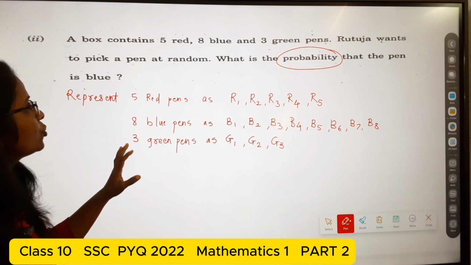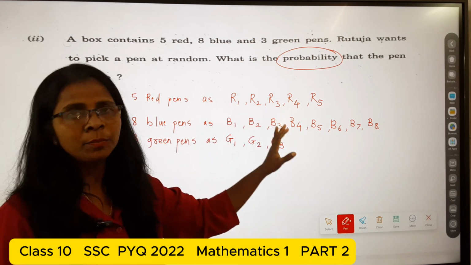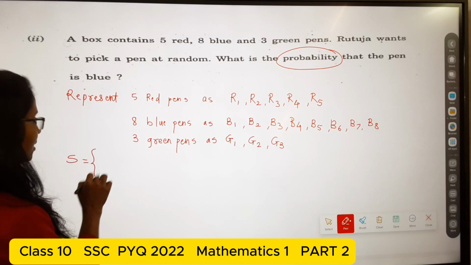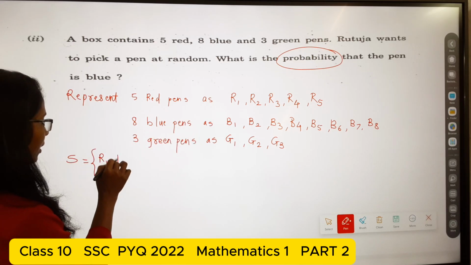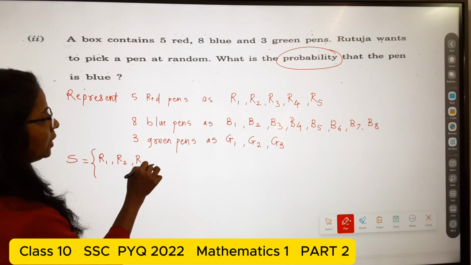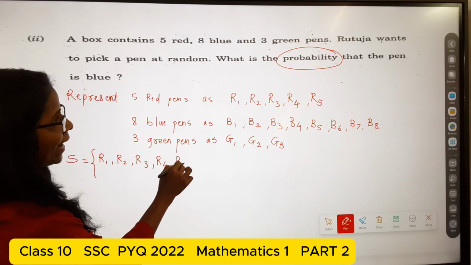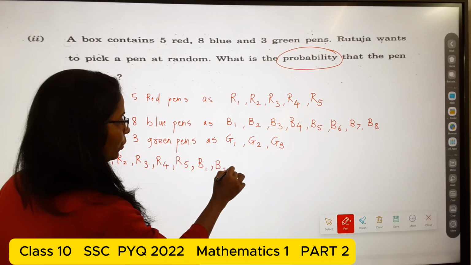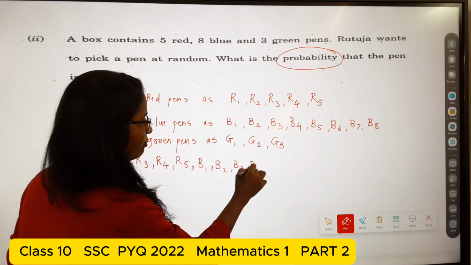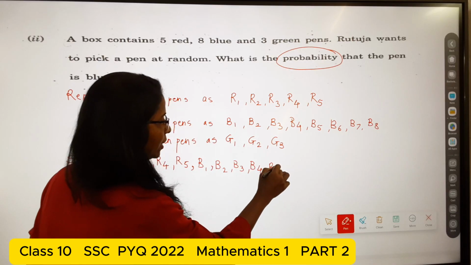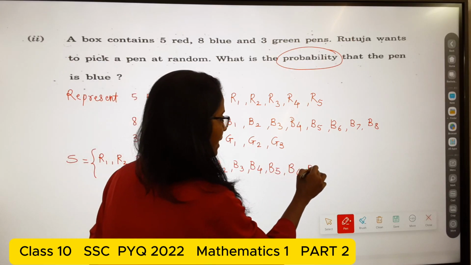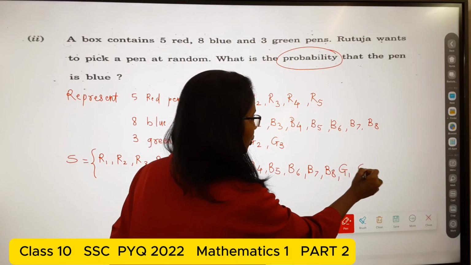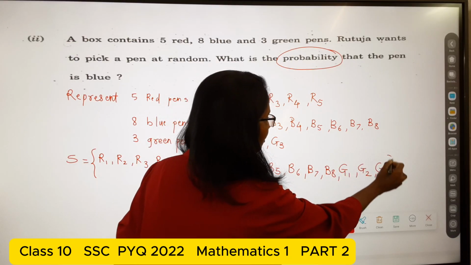Okay, so now here students, these are the sample space. So I write here S is equal to R1, R2, R3, R4, R5, then B1, B2, B3, B4, B5, B6, B7, B8 and G1, G2 and G3.